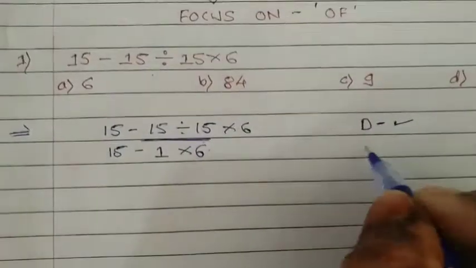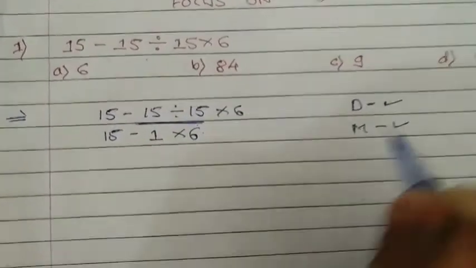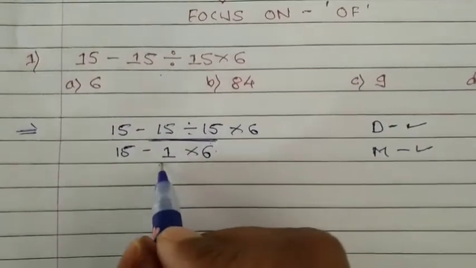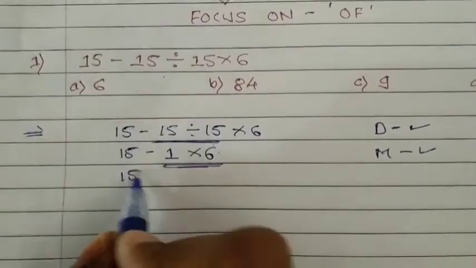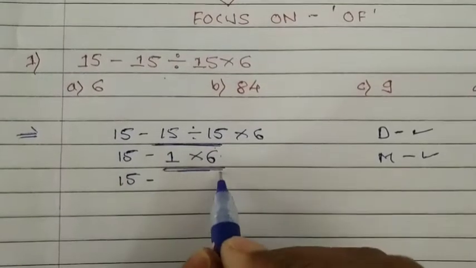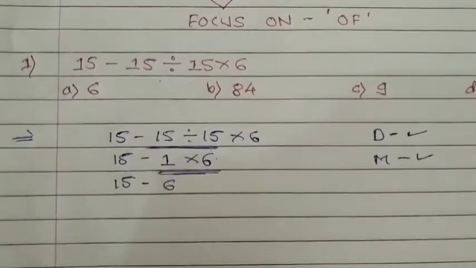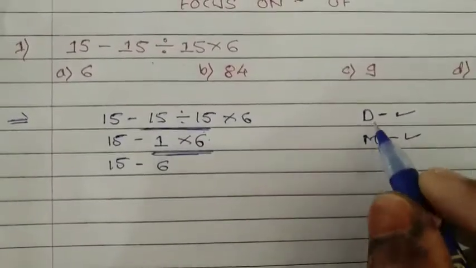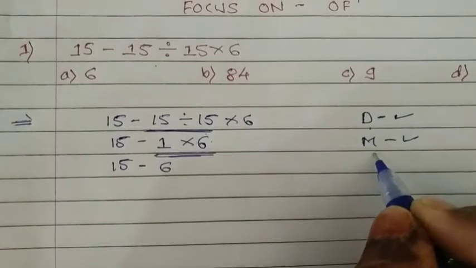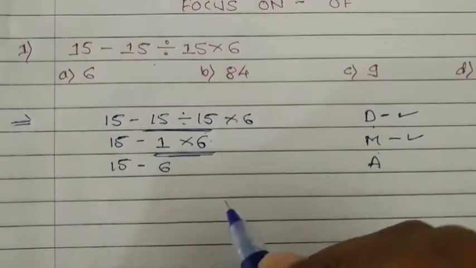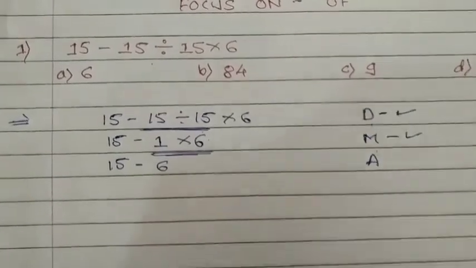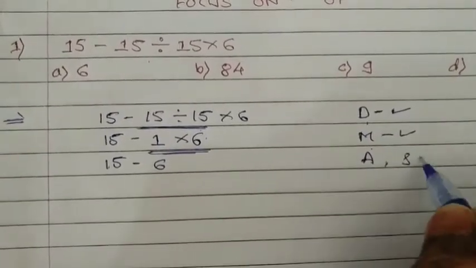After division, multiplications. Is there any multiplication as 1 into 6? So 15 minus 1 into 6 means 6. Okay, division okay, multiplications okay, then additions. But is there additions? No, absent. Then subtractions.